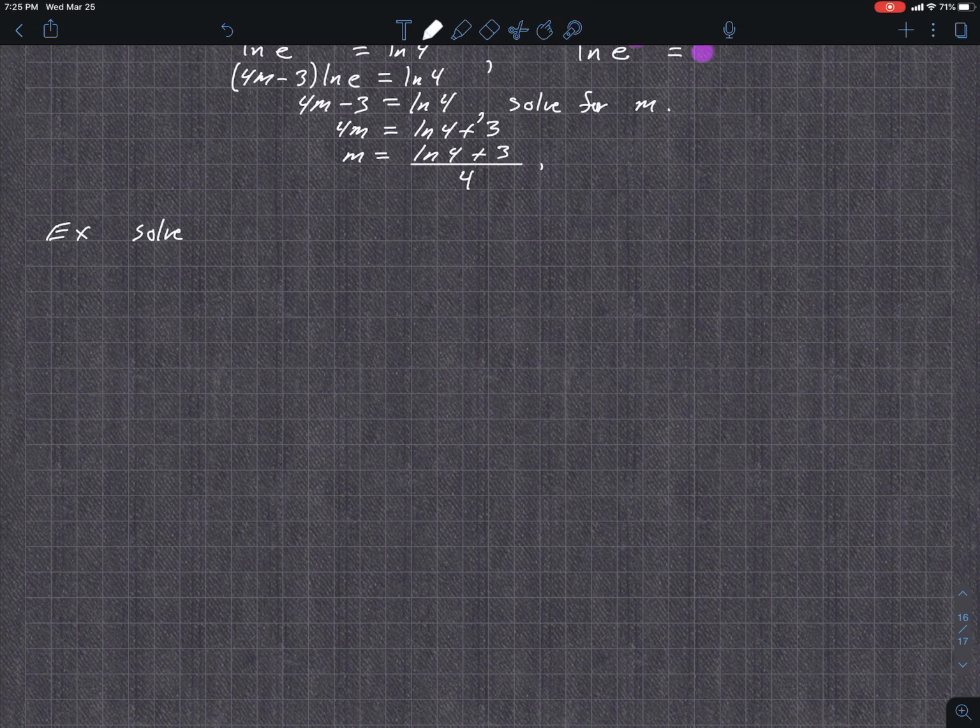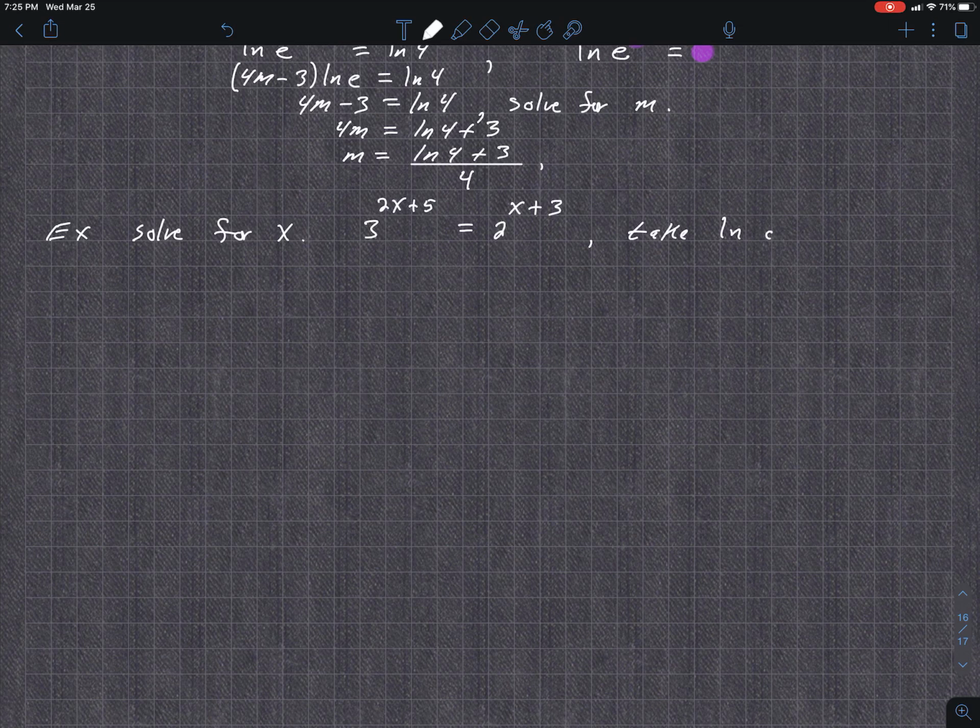Let's solve for x. All right, so suppose you have 3 raised to the 2x plus 5 equal to 2 to the x plus 3. All right, so same process applies. You want to take the log or natural log of both sides, right?